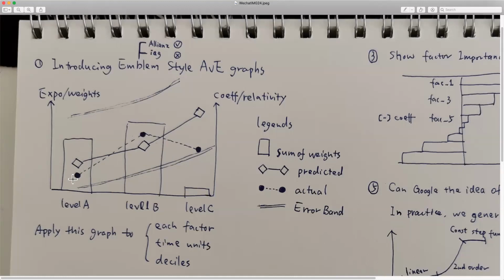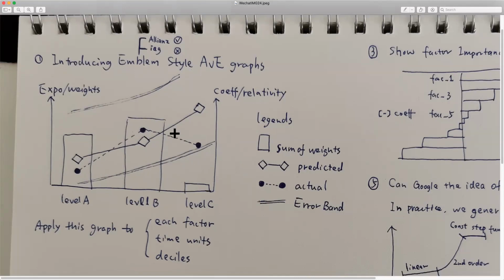And the solid dot and the dashed line here is the actual. And then the double line here is the error band, like the upper band, lower band. You can assume some sort of distribution, for example, normal distribution. And then you can compare the actual and expected within this error band.